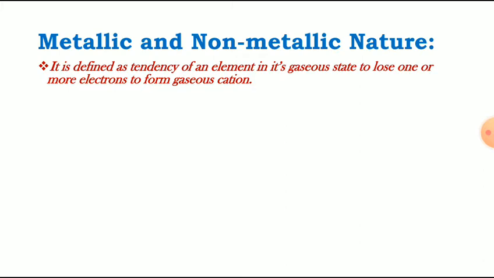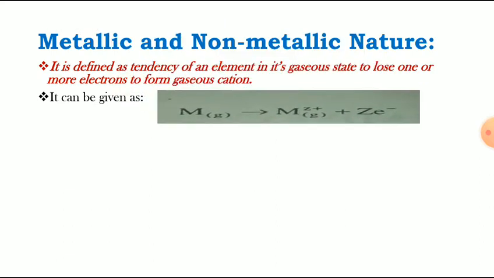So it can be given as, see, actually the definition is represented by the equation. Sorry, reaction. See, M stands for metal, which in subscript has g, right? That g stands for the gaseous state.